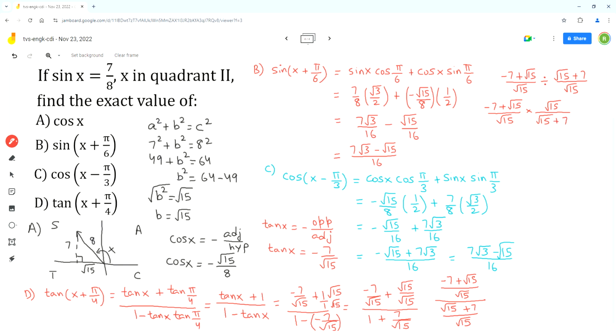We can cancel out square root of 15. In the numerator, we can rearrange negative 7 plus square root of 15 to square root of 15 minus 7. We can rationalize this expression by using the conjugate method. We can multiply the numerator and the denominator by square root of 15 minus 7.